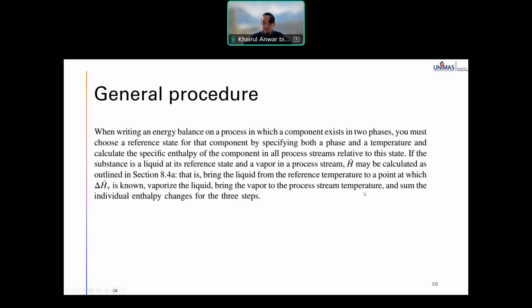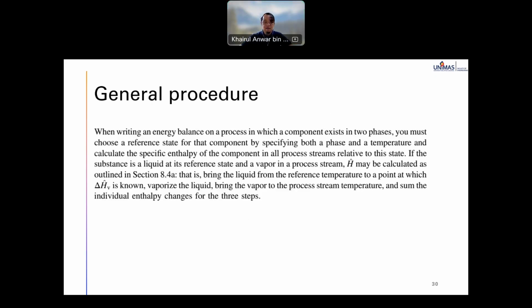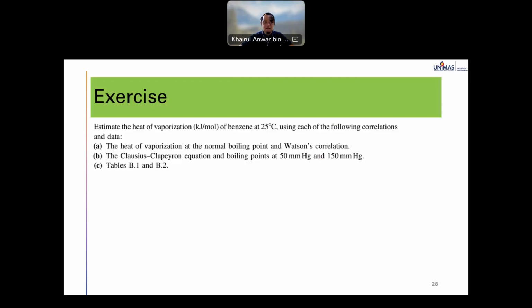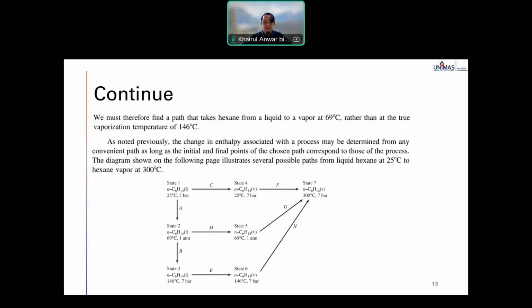Bring the vapor to the process stream. So the enthalpy change is for the three steps, like this. From liquid to vapor, then to the process temperature.